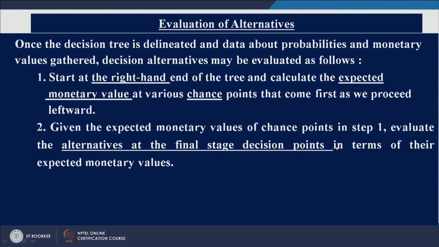right to left. Then, given the expected monetary value of the chance point calculated in the first step, evaluate alternatives at final stage decision points in terms of their expected monetary values.